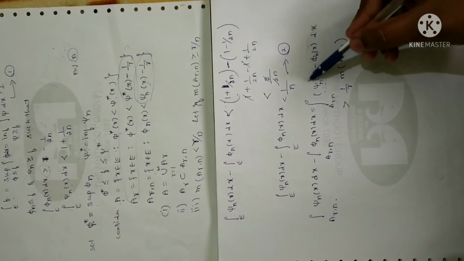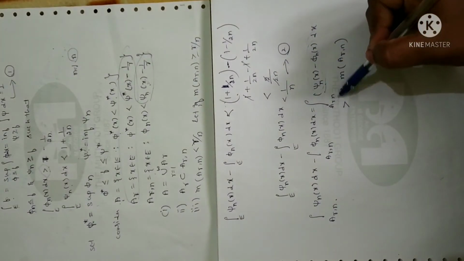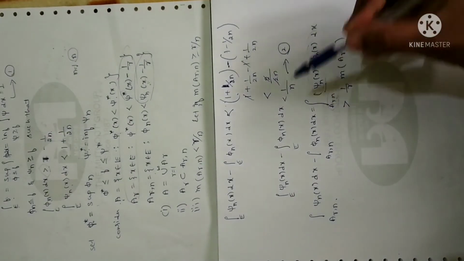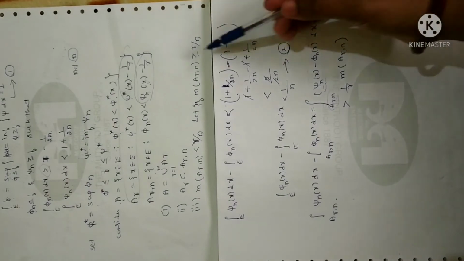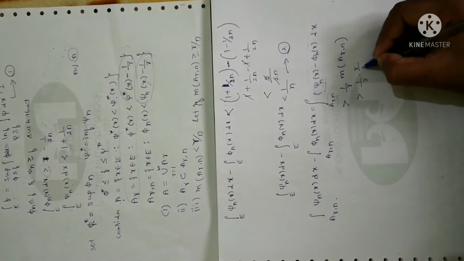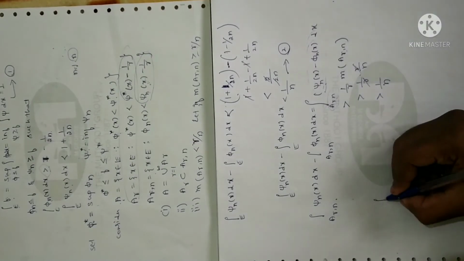Since I am removing the function which is inside the integral, we have to take the measure over the set which we are considering, right? So you get the measure of ARn here. Now as we assumed that the measure of ARn is R by n, what will happen? 1 by R into R by n, the terms get cancelled. You will get it is greater than 1 by n.